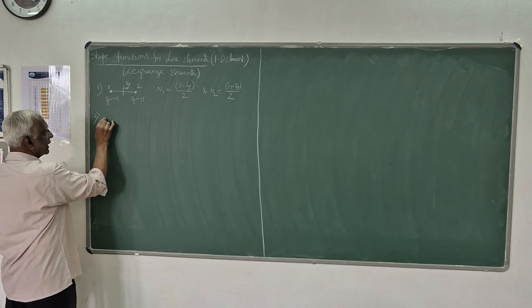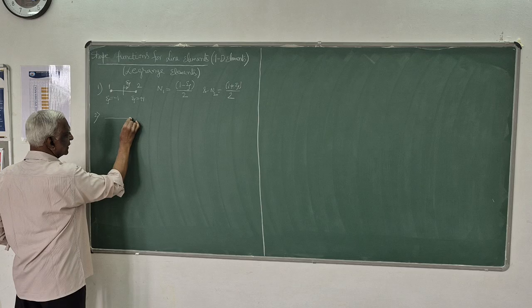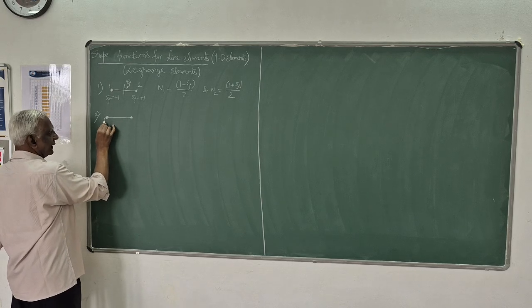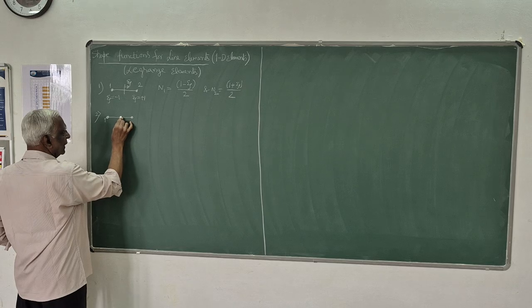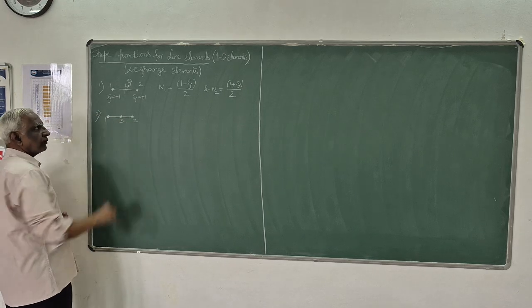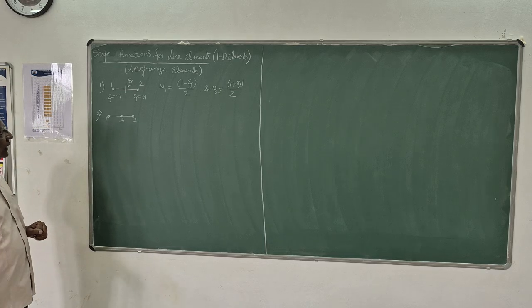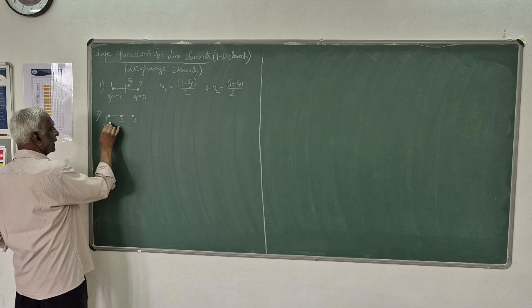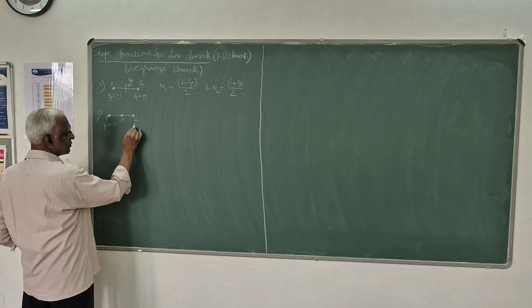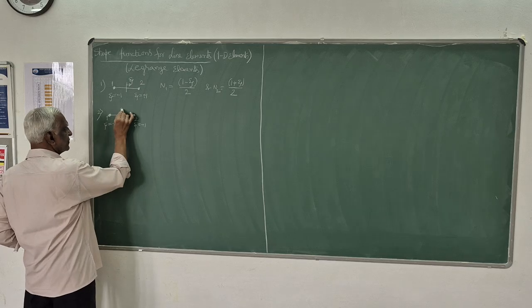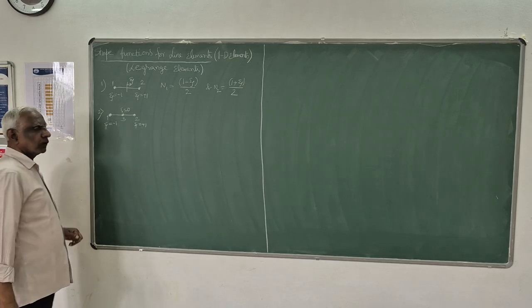Then we have derived the shape functions for quadratic line element, that is line element with 3 nodes. For this also we have already derived the shape functions. Here it is psi equals -1, psi equals +1, psi is equal to 0.